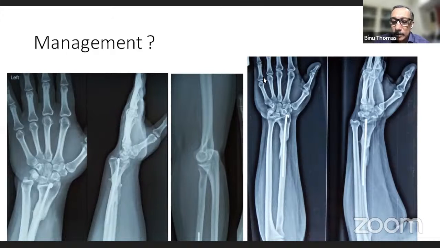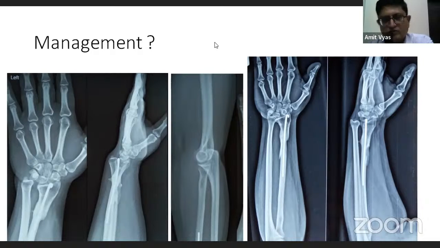It has also been done, so it is an option provided your arthroscopy skills are good. But as I said, common practice is K-wires. Stabilize it and wait for 6 weeks. If it heals, that is it.